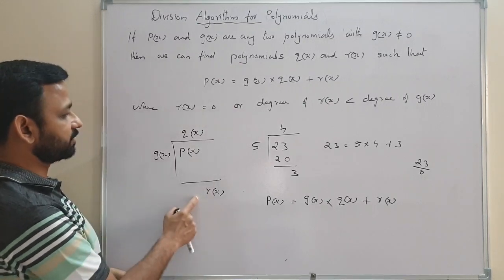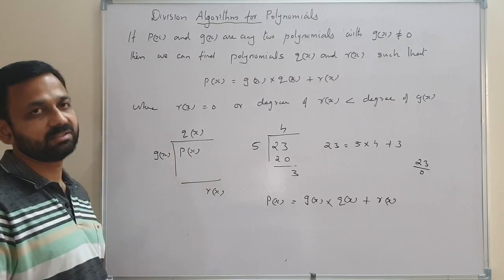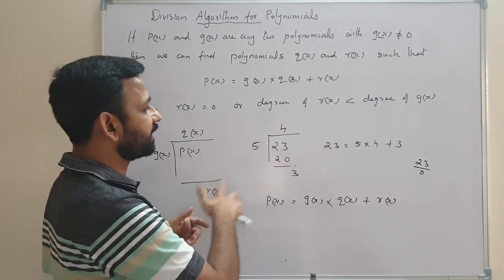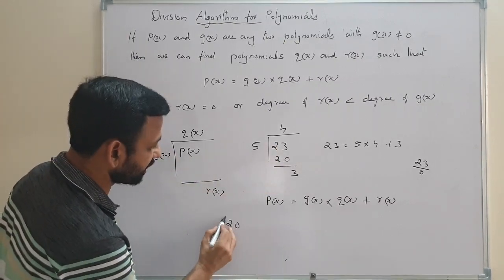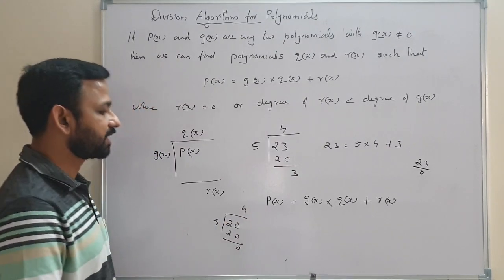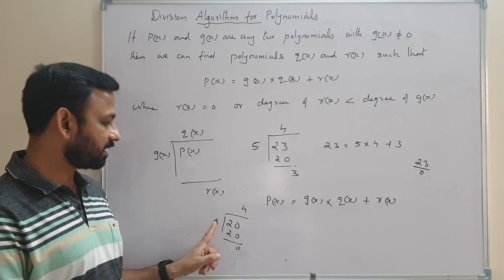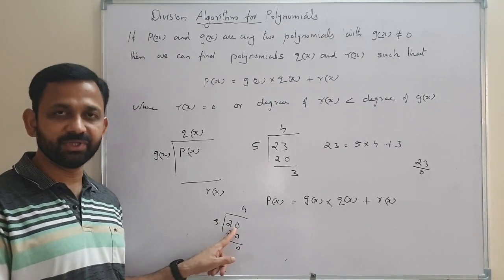If the remainder equals 0, then we can say that g(x) is a factor of p(x). Suppose we divide 20 by 5: 4 into 5 is 20, remainder 0. So when we get a remainder 0, we can say that 5 is a factor of 20.